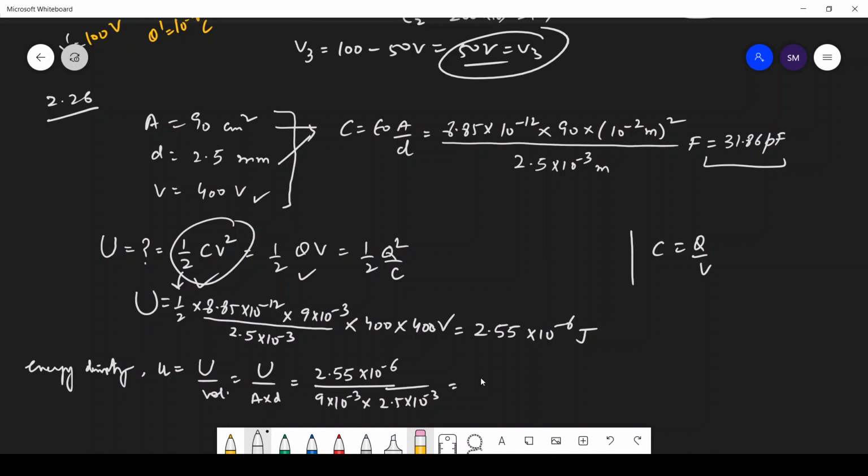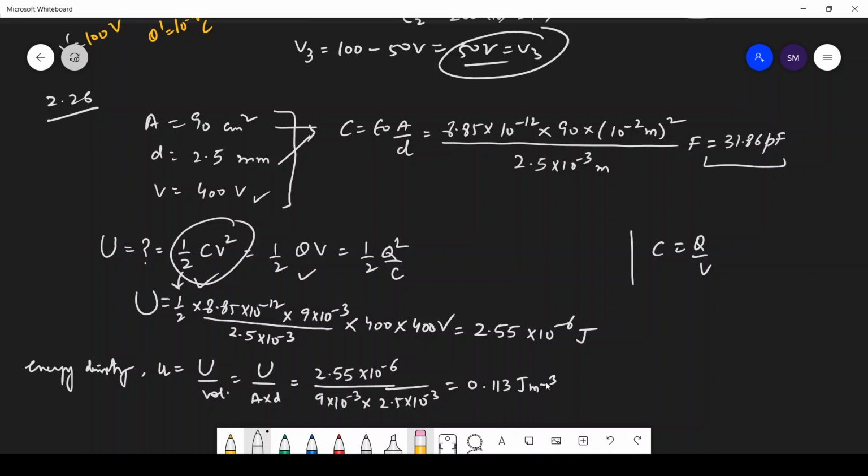So you will get 1.13 into 10 raised to the power, or you can also write this as 0.113 joules per meter cube.